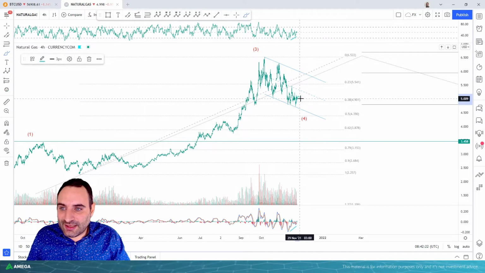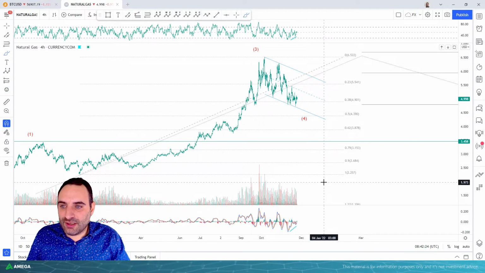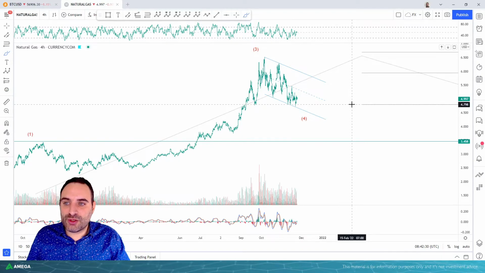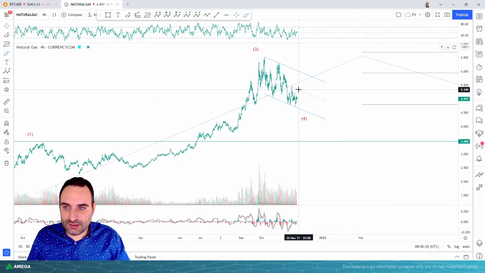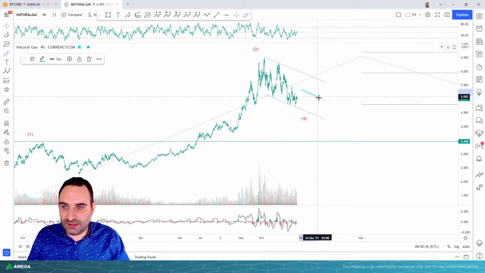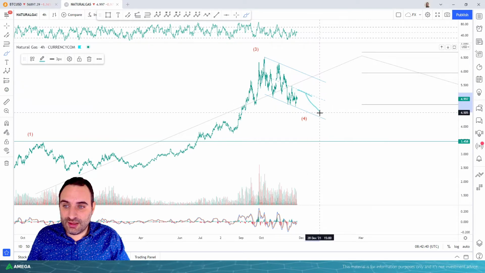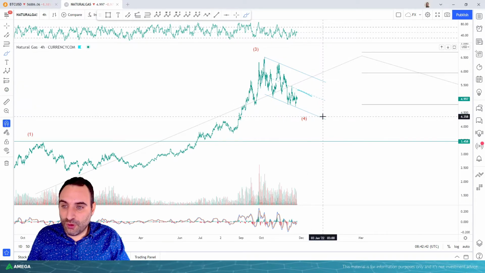Maybe we're going to get another leg up, but very likely to continue lower as long as we remain below 522. So 522 is our level for a potential move to the upside. And then of course the median line of this channel, as long as we remain below, I repeat, this is more likely to go closer to 4 rather than closer to 550 and 6.